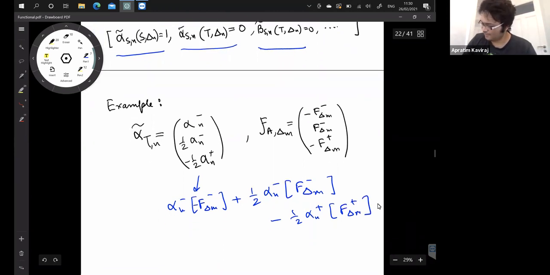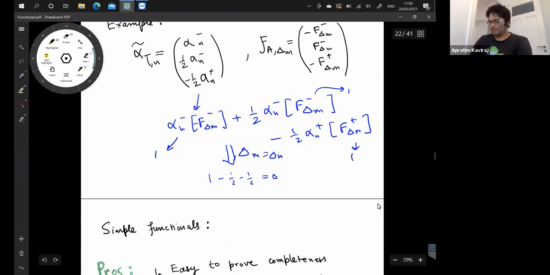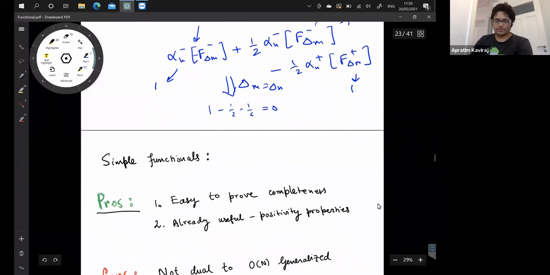And if delta m equals delta n, then this guy is 1, this guy is 1, this guy is 1 also. So you get 1 minus half equal to 0. So it's a simple demonstration that you can have orthogonality properties in this way. Any questions so far?